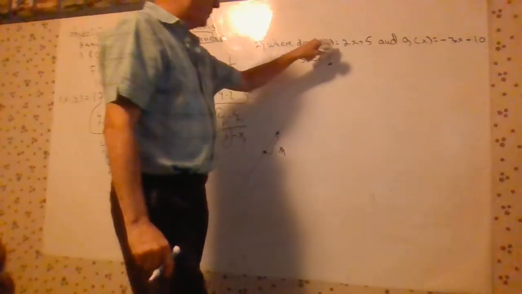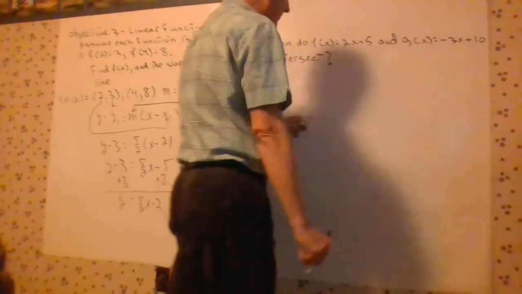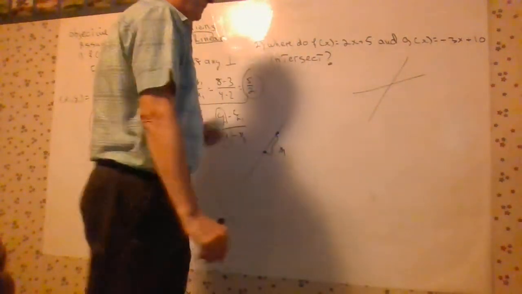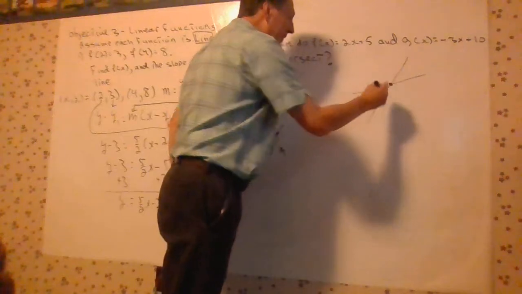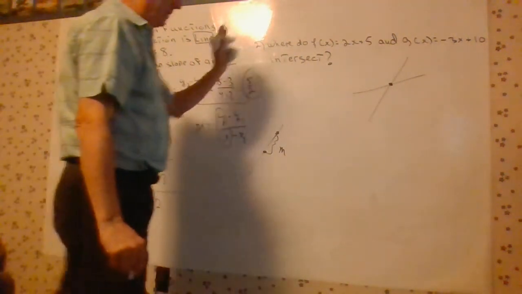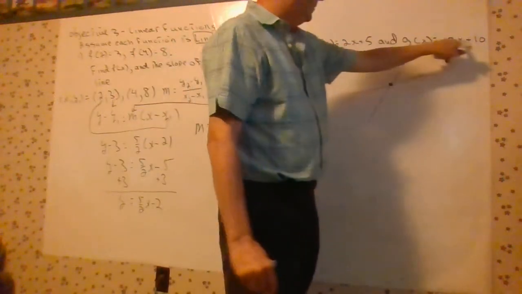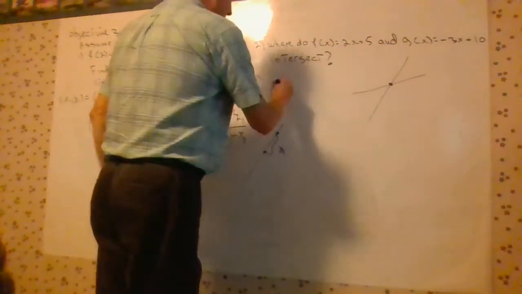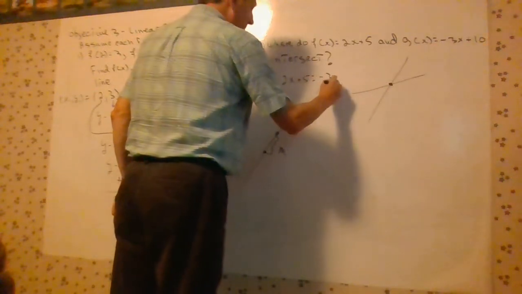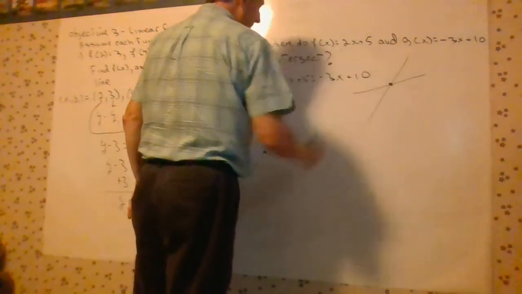Well, we can find out where f of x and g of x intersect. In this case, we have two straight lines of different slopes. When they intersect, the x values are equal and the y values are equal. So we're going to solve the problem by setting this y equal to this y. And we set 2x plus 5 equal to negative 3x plus 10.